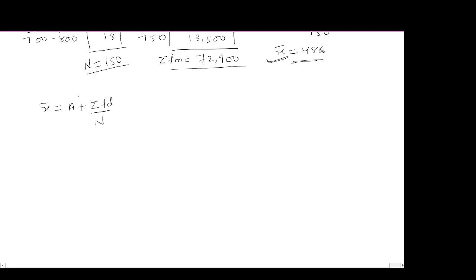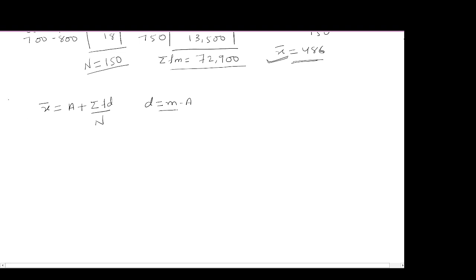But the only difference is, in case of discrete series we used d is equal to x minus a, but here we are using d is equal to m minus a. So this is the difference between the two series.